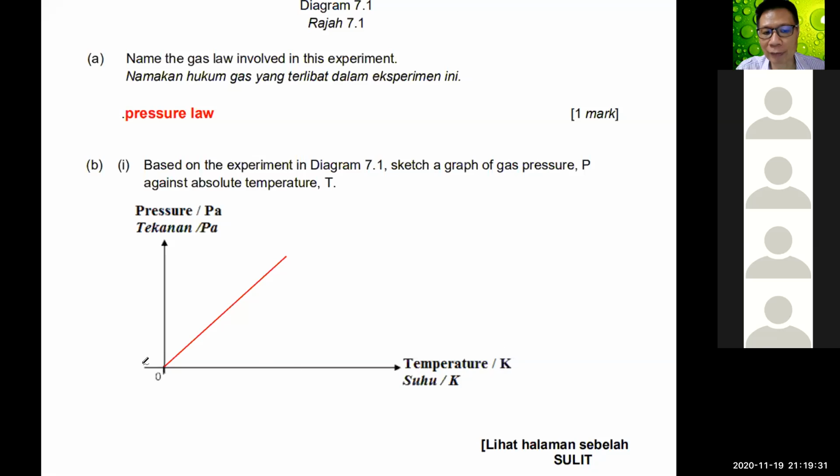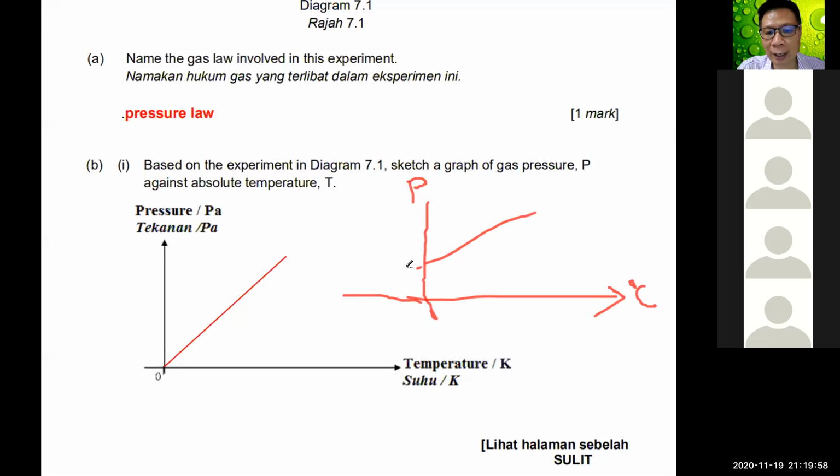In Kelvin only, you start from 0. If not Kelvin, you won't start from 0. For example, like this. If the temperature here is degree Celsius, not Kelvin, and here is pressure, the graph becomes like that. It doesn't start from 0. Remember or not?